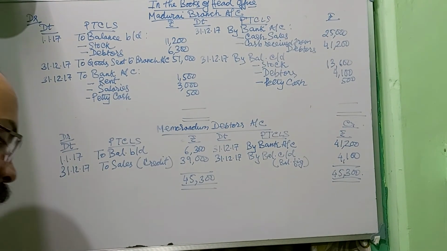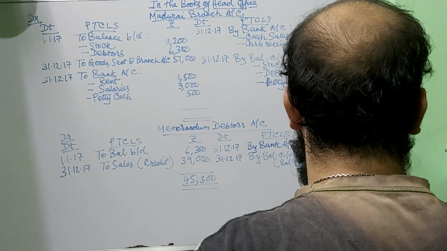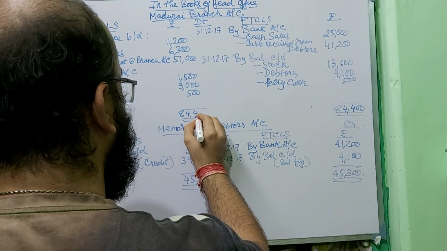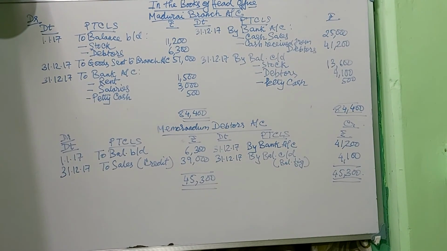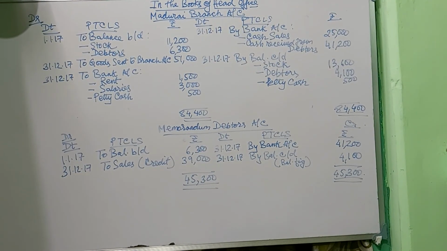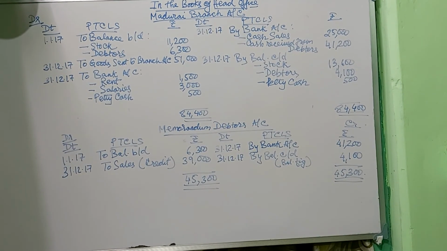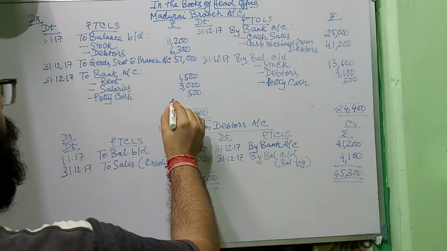It is coming to 84,400. Then I am deducting from 84,400: 11,200, minus 6,300, minus 51,000, minus 1,500, minus 3,000, minus 500. We are getting a balancing figure of 10,900.